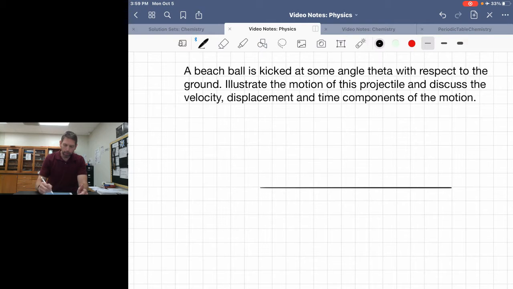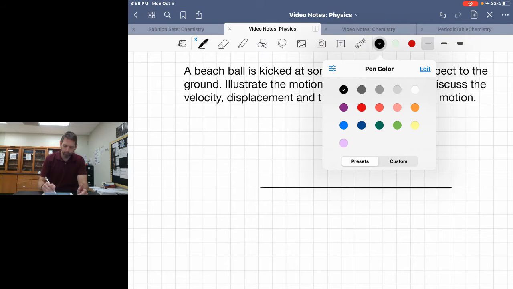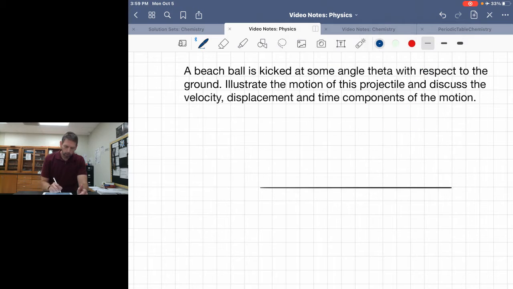And then let me get back off of this tool here. So we've got this object here, and this object here is launched at some angle theta, right? That's a pretty sharp angle, but that's just to illustrate everything.